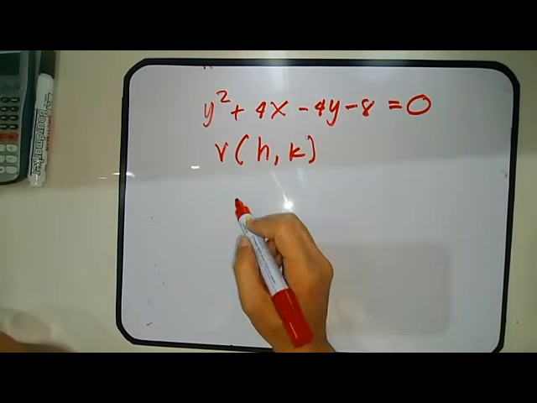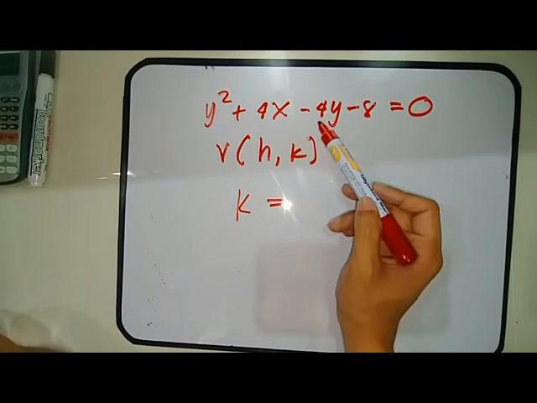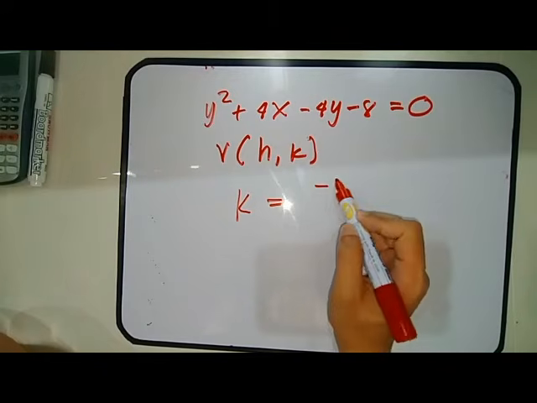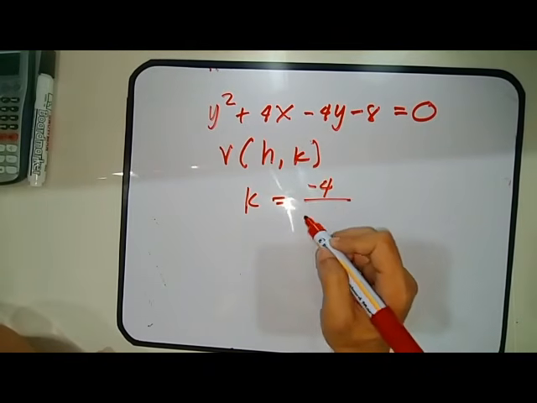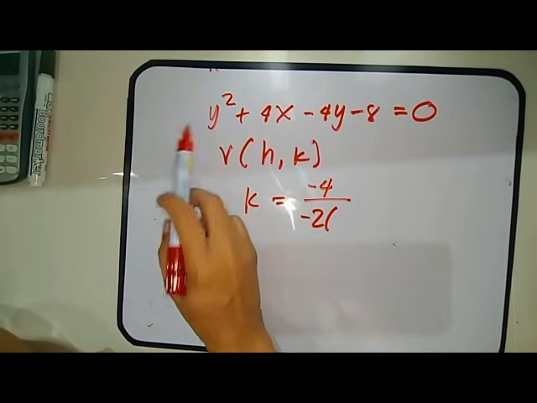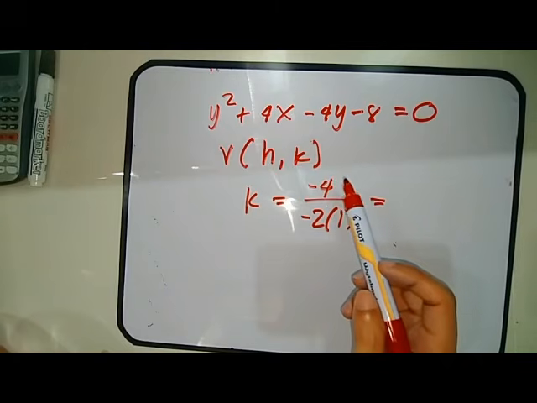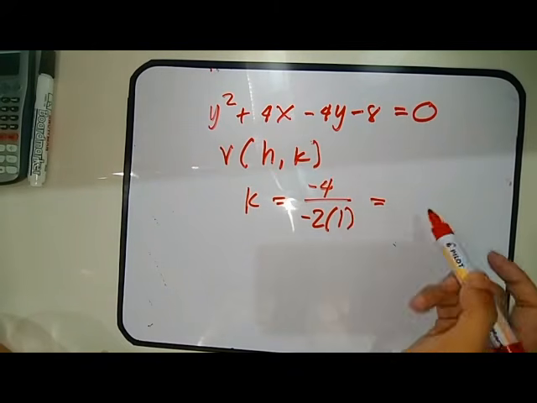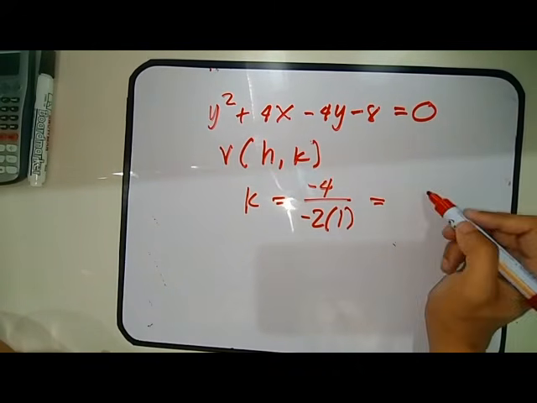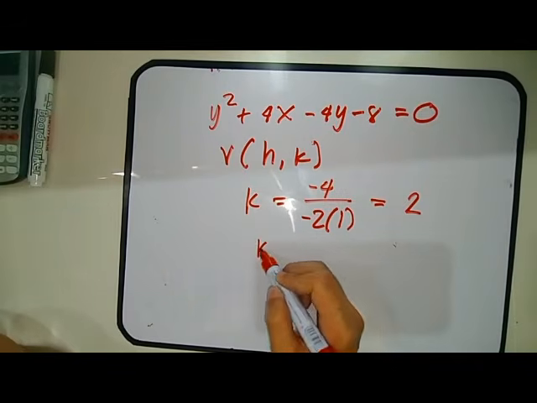So, gawin lang natin to guys. Yung k natin is equal to, so yung coefficient ng y na first degree, so that is negative 4, i-divide lang natin sa negative 2 times yung coefficient ng naka-y squared. So, that is 1. So, our y coordinate of our vertex k is equal to negative 4 over negative 2. So, that is 2. So, it means that k is equal to 2.